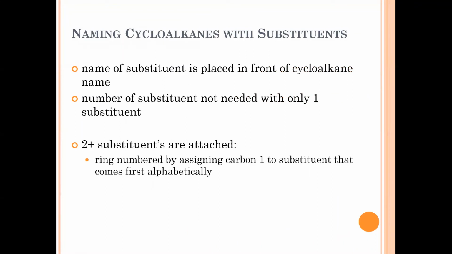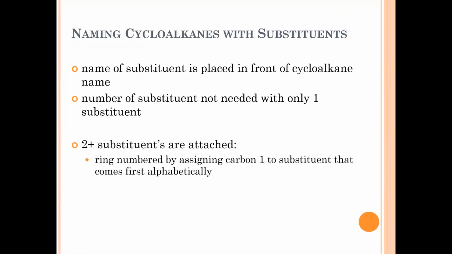The big thing when we start talking about those cycloalkanes with substituents, when we name substituents here, if there's only one substituent, we name the branch on position 1, and we don't necessarily have to say 1-chlorocyclobutane. We can just go chlorocyclobutane.